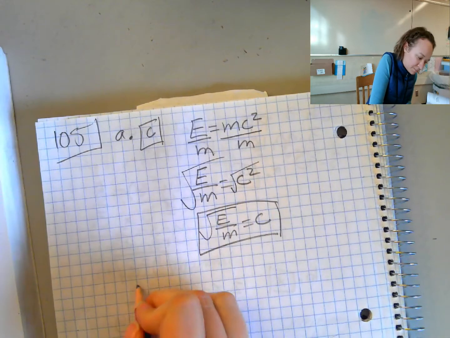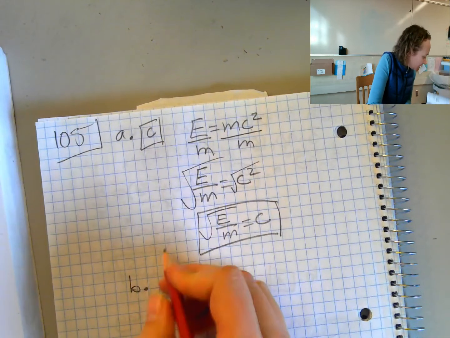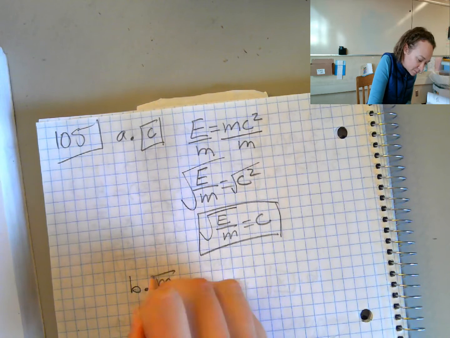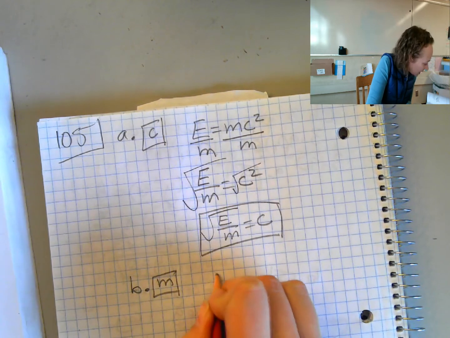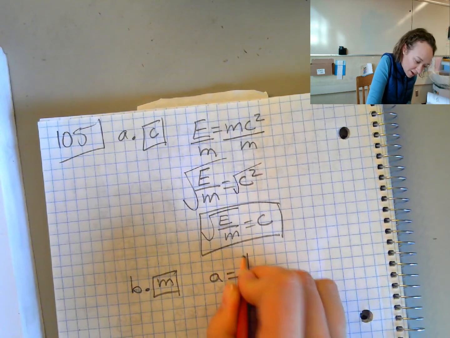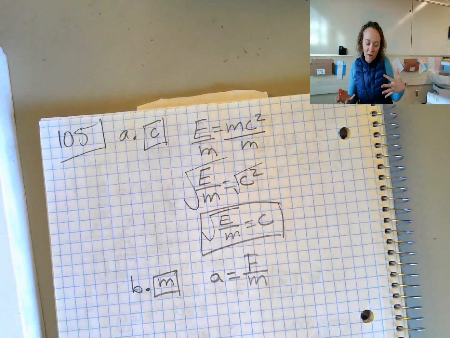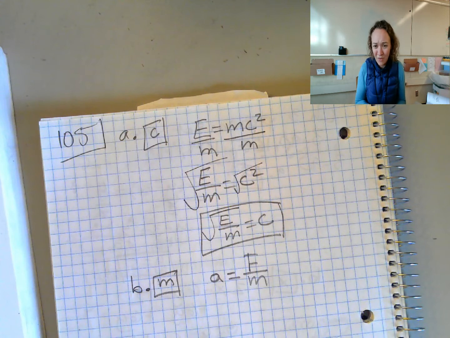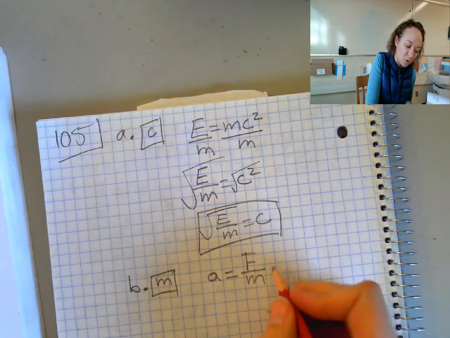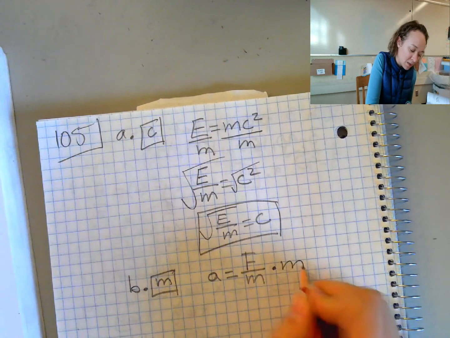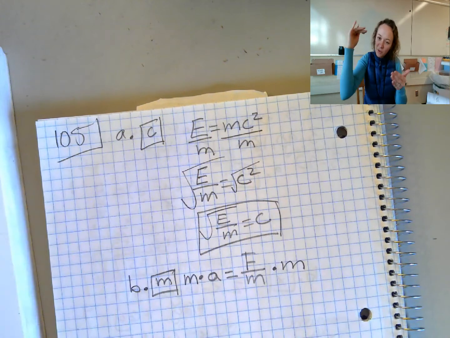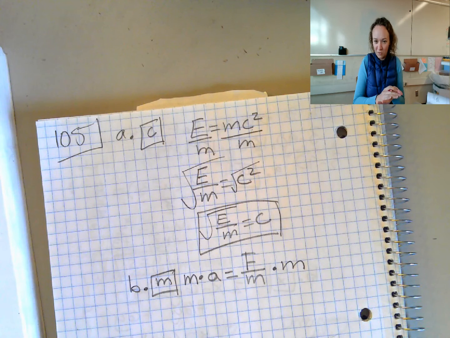All right, b. We have solve for m when it's a equals f divided by m. So here, this is the one time where if I try and get rid of the f, that's not really going to help me very much. So I actually need to start by multiplying both sides by m, because that'll allow me to get the m out of the denominator of the fraction.